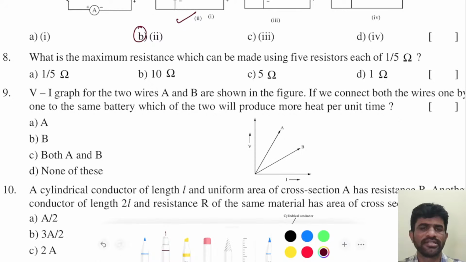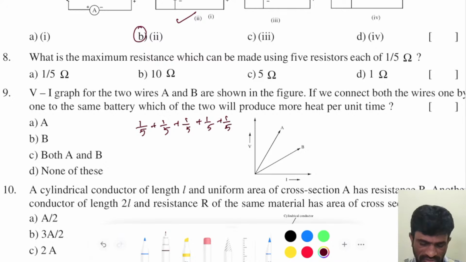Okay, let's see this question. When they are connected, we want the maximum, no? When we connect them in series, we will get the maximum. When you connect them in series, we get 1 by 5 plus 1 by 5 plus 1 by 5 plus 1 by 5 plus 1 by 5, which is 5 by 5, that is 1 ohm.